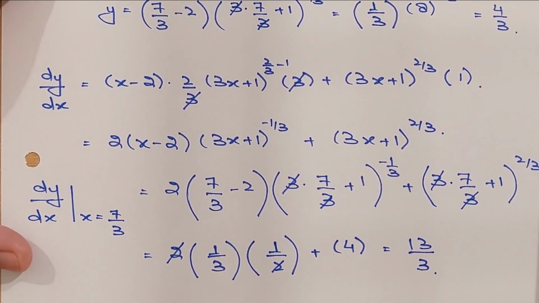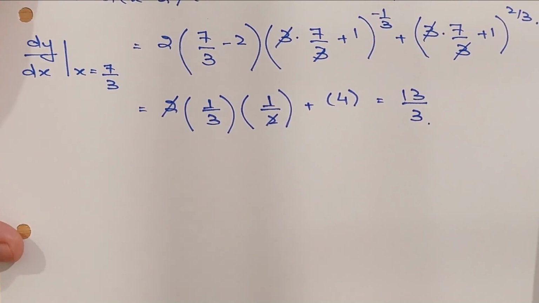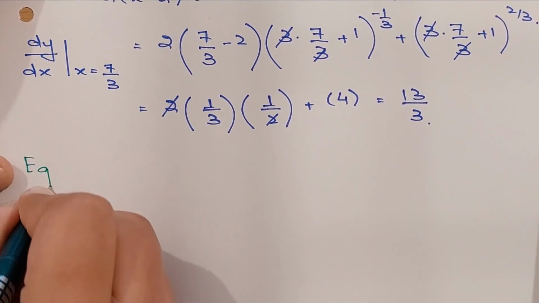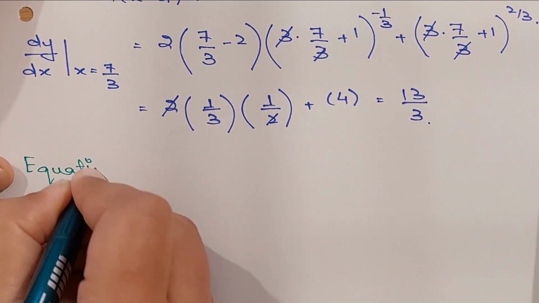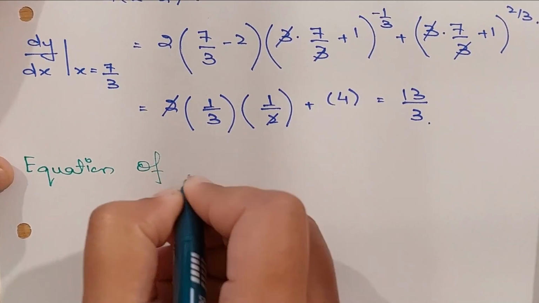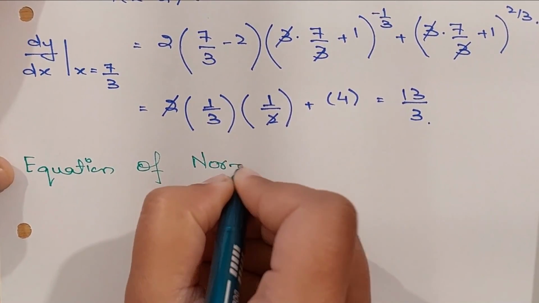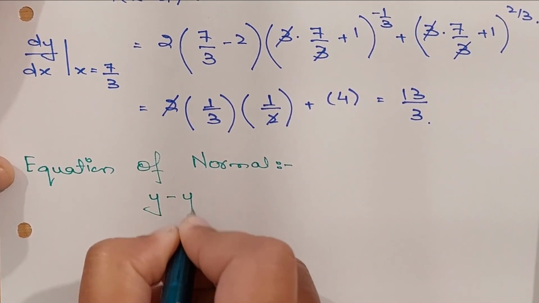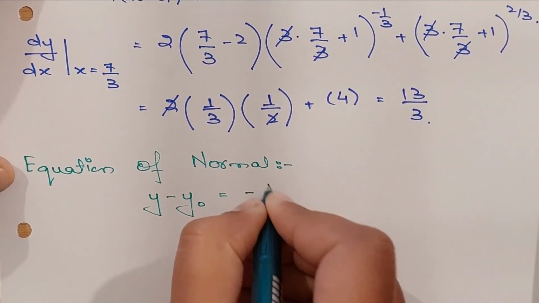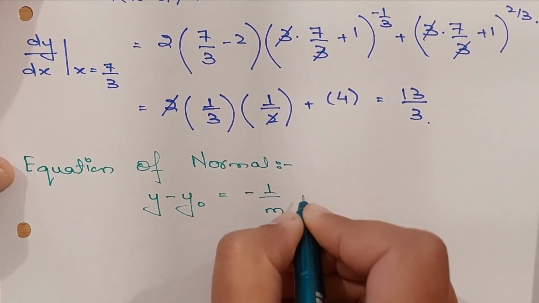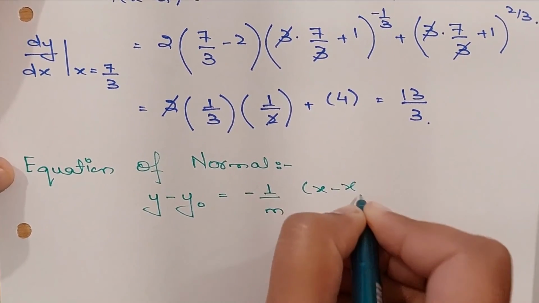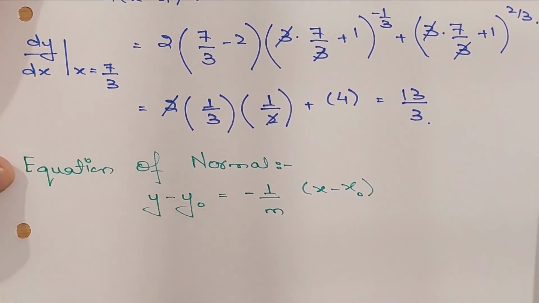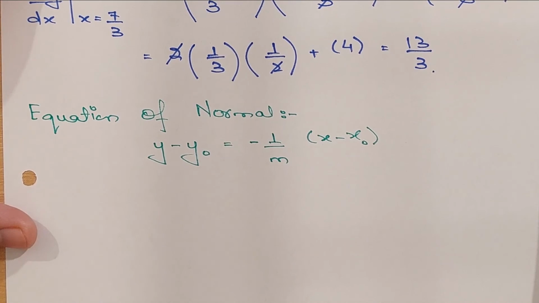Now let me write down the equation of the normal. The equation of the normal is y minus y naught equals minus 1 over m times (x minus x naught), where m is the slope at the given point.